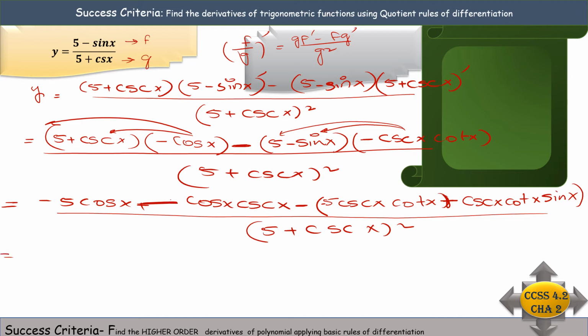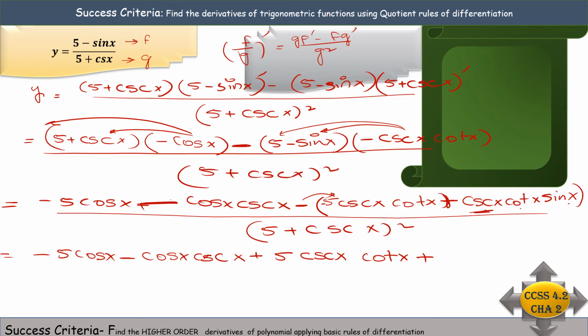Now it is negative 5 cos x as it is, negative cos x cosec x also as it is. Negative negative gives us positive 5 cosec x cot x as it is, plus now here we have cosec x cot x sin x.